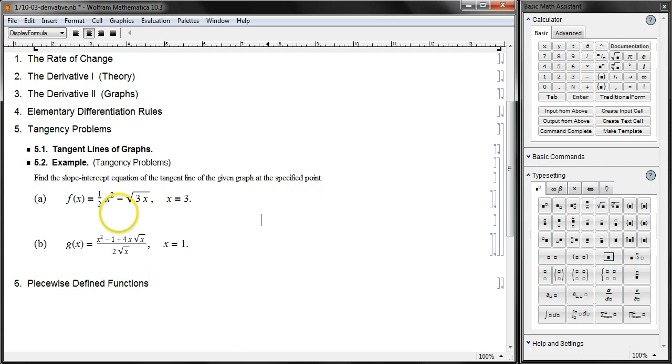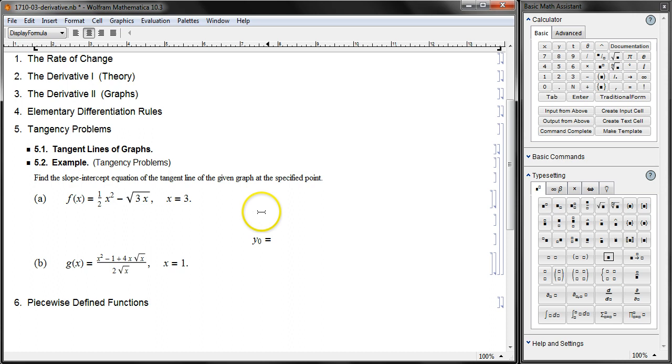Let's find out the y-coordinate value. By the way, this is what you're looking for, and here x0 is given as 3. So the equation of the tangent line you're looking for must be of this form. y equals m, we have to find.